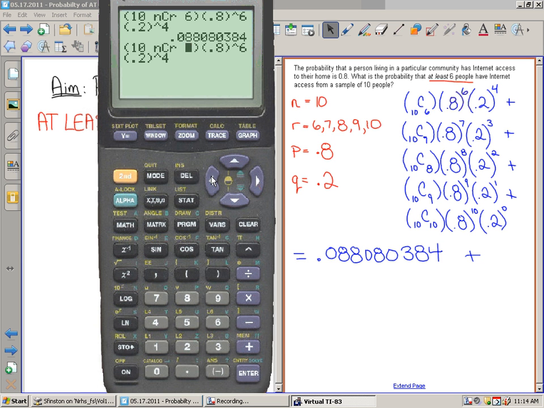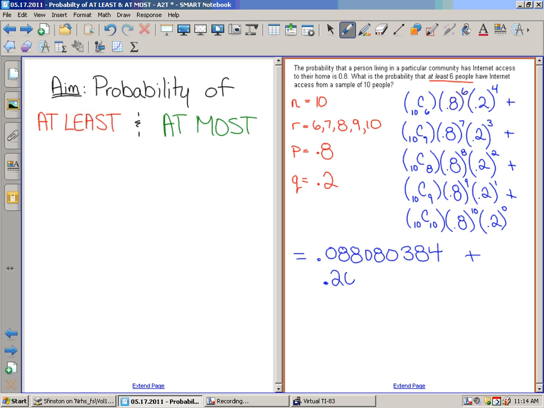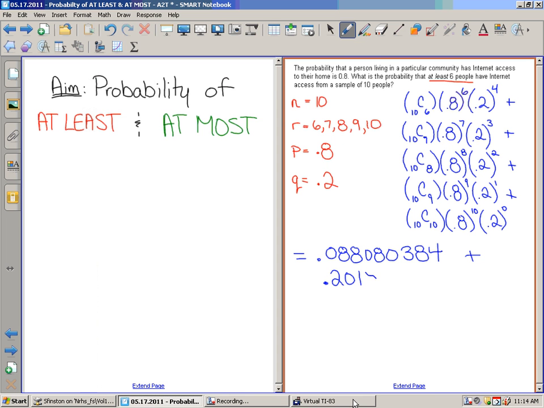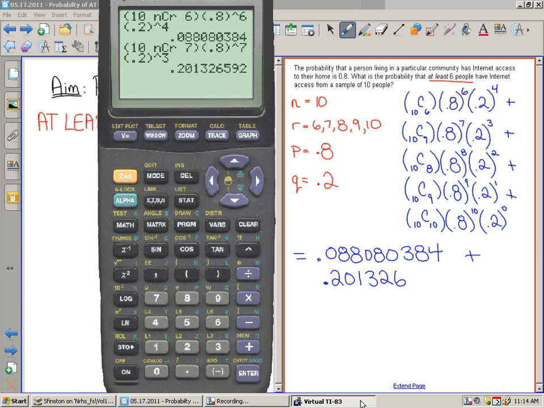This has got to be a 3. And then it's 0.201326.